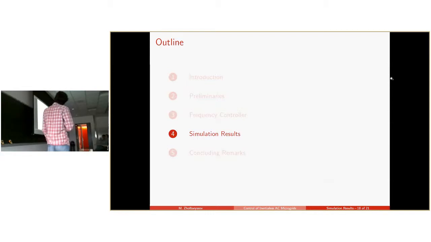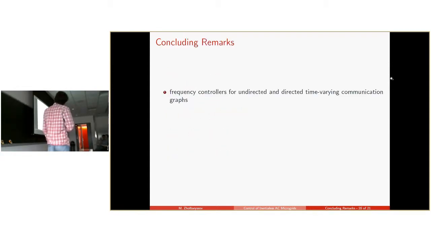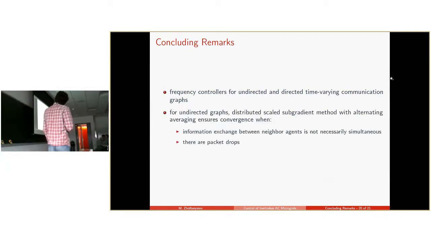I haven't put together the simulation results, so I'm just going to skip it. And in conclusion, we introduce frequency controllers over time-varying communication graphs, and we propose this new distributed subgradient method, which doesn't only work for power systems, it works for general multi-agent optimization.